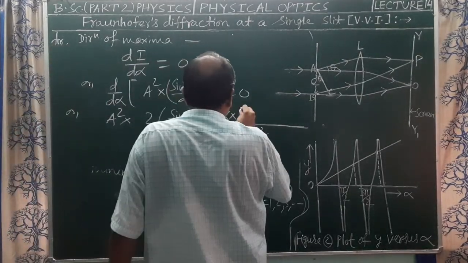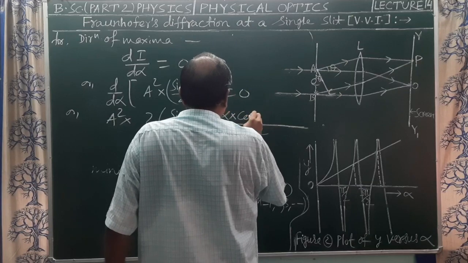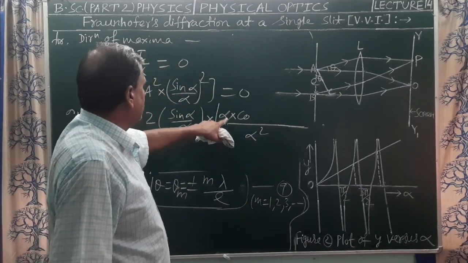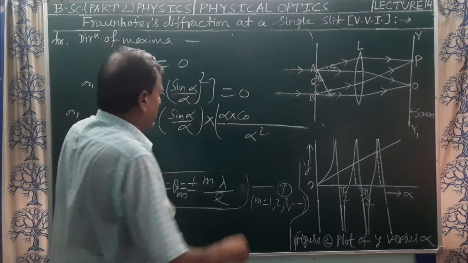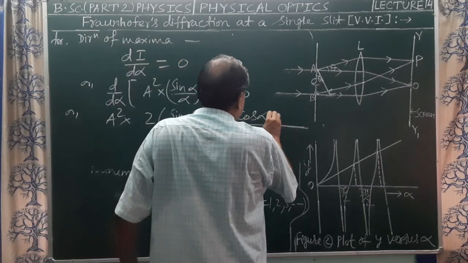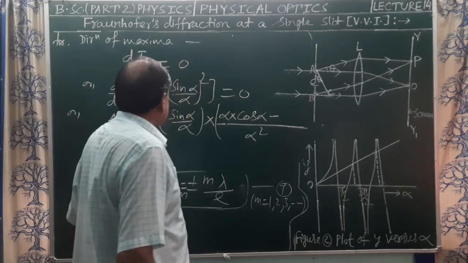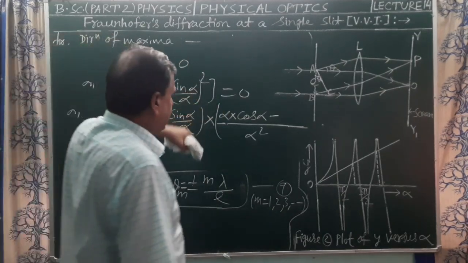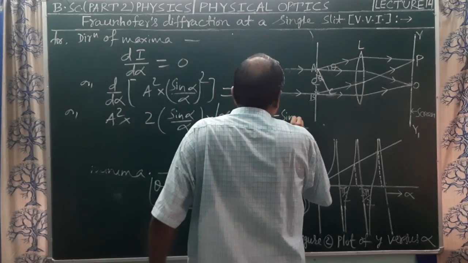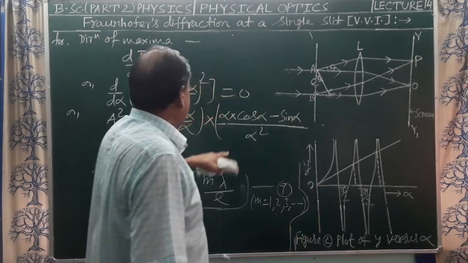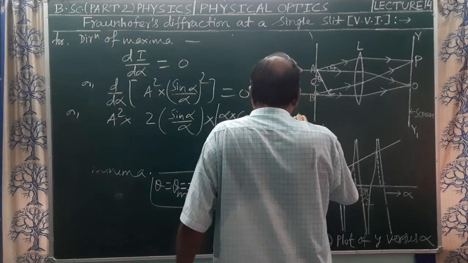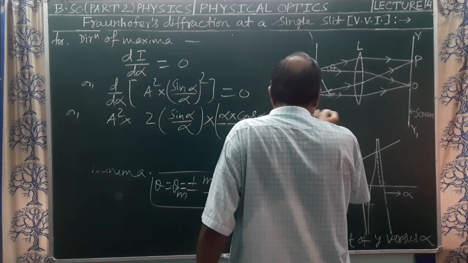So differentiation of sin alpha is cos alpha, with alpha constant in the first term. Minus, now the numerator is constant, that is sin alpha, and the differentiation of the denominator, d by d alpha of alpha, is 1, so it is only sin alpha into 1, that is sin alpha.